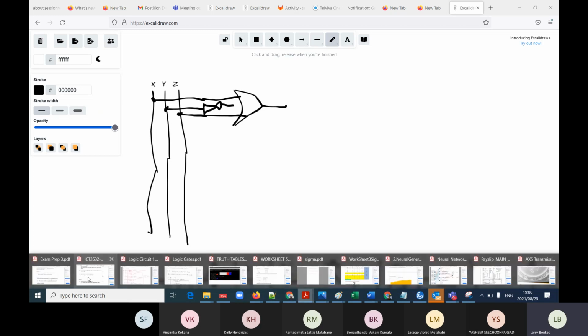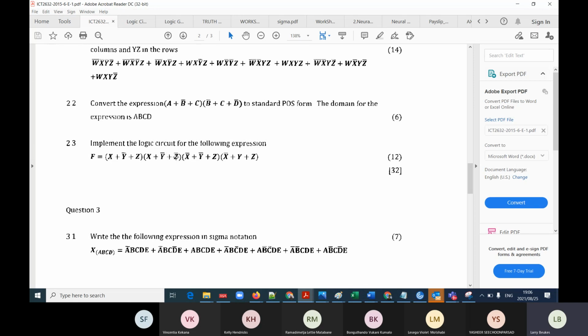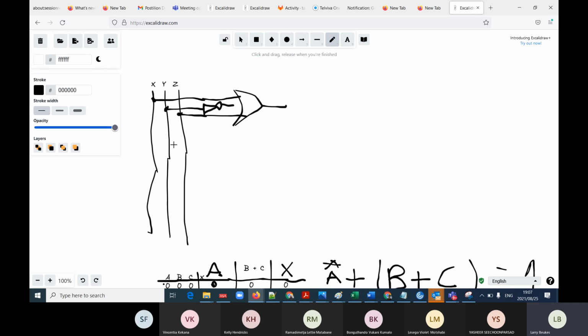All right. So the next one is X, Y naught, Z naught. Again, 3-input OR gate. We're only going to invert Y and Z. So we're going to invert Y and Z. Okay, let me bring this one here. So this one we inverted with an inverter here.